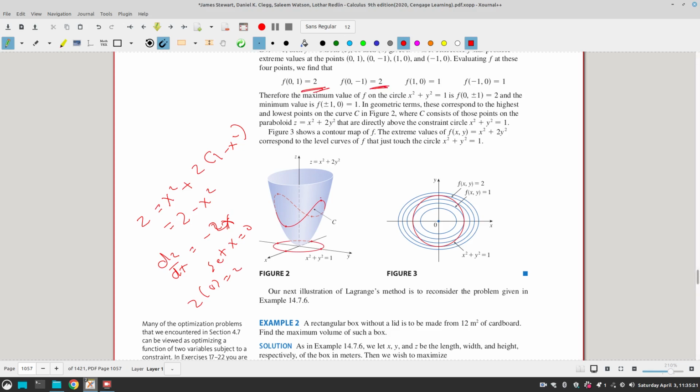And z of 1 is equal to 1, because the maximum value of x can be 1. Because we're on the circle, x squared plus y squared equals 1, so x cannot be greater than 1. Setting x equals 1 gives me 1. These are of course my maximum and minimum values.